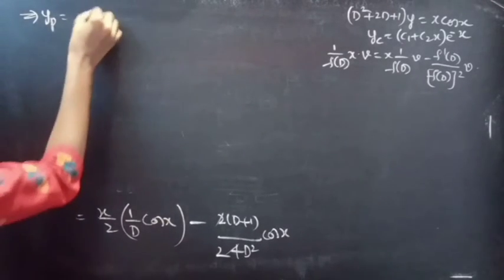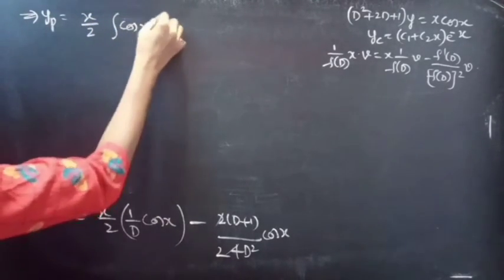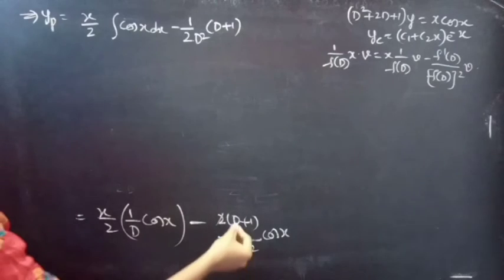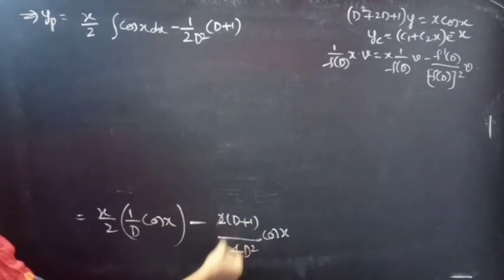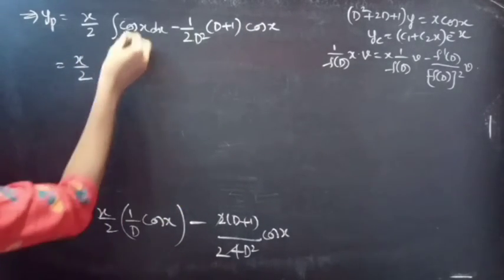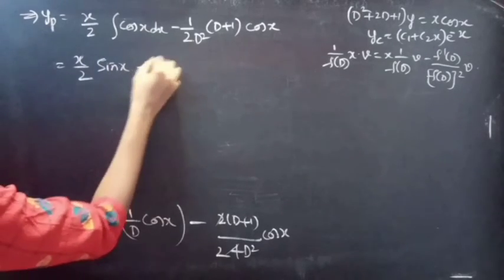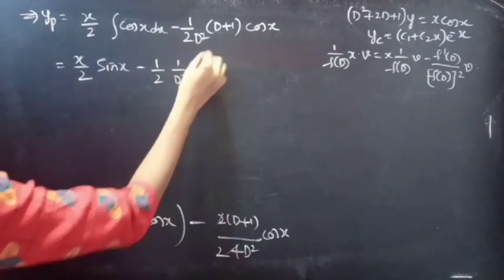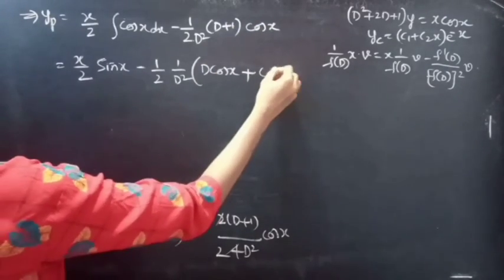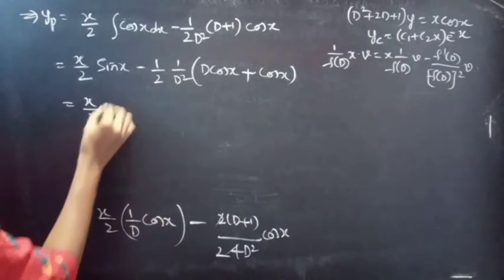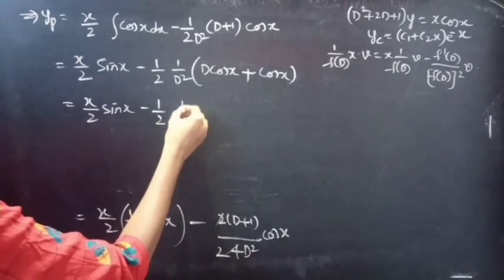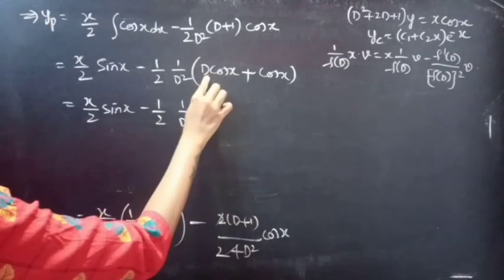This becomes x by 2 into integral cos x dx minus 1 by 2 d square into d plus 1. We'll just split d plus 1 by 2 d square as 1 by 2 d square into d plus 1, okay? Into cos x is equal to x by 2 into integral cos x dx, which is sin x, minus 1 by 2 into 1 by d square into d cos x plus 1 into cos x, which is x by 2 sin x minus 1 by 2 into 1 by d square into derivative of, here d is a differential operator, right?